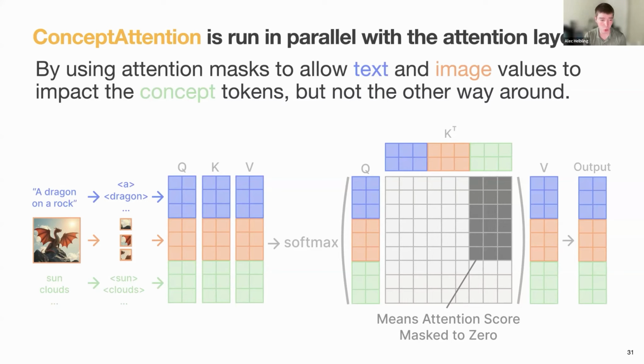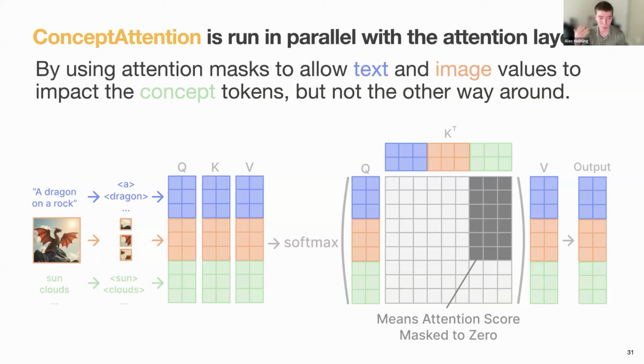And also, in general use cases, you have so many more image patches. In the Flux model, for instance, you have a 64 by 64 grid, which is around 4,000 image patches. In realistic settings, you might want to interpret 10 text concepts. You're not really going to be doing thousands.